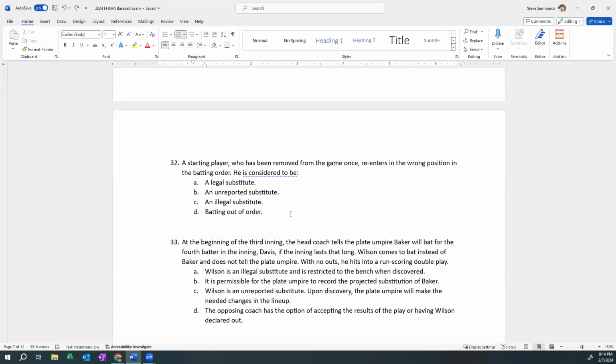Because I looked it up in the rule book. The starting player is hitting third, playing first base, comes out of the game, goes back in to the 7th spot in the order. Is that legal? Nope. The answer is C. He's an illegal substitute. So it can't be A.